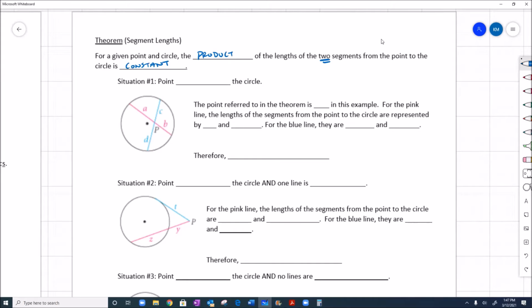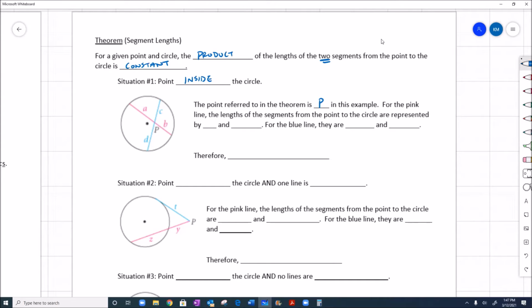Okay, so here are our 3 situations. If the point is inside the circle, the point referred to in this theorem is point P in this example.